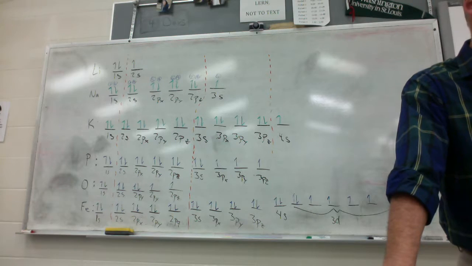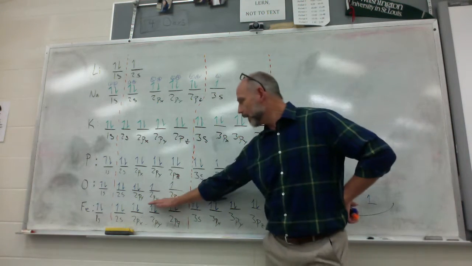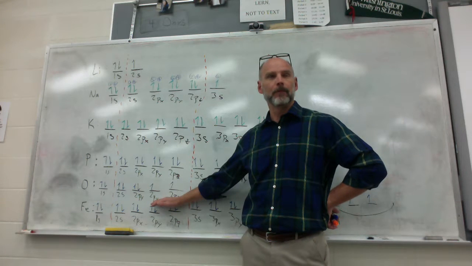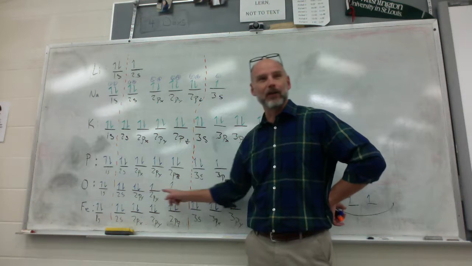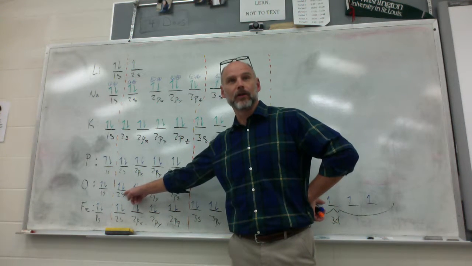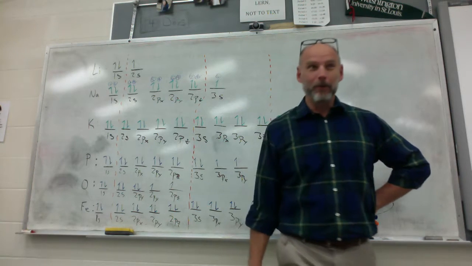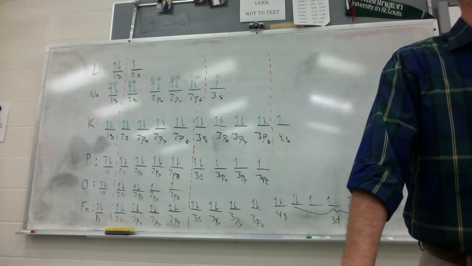Excellent. It's in group 6A, right? But you just got done telling me it was 4. Why did you tell me it was 4? You counted the P's, and only the P's. Remember, there's also 2 electrons in the S. So, Maya, how many valence electrons does oxygen have? 6. Yes.